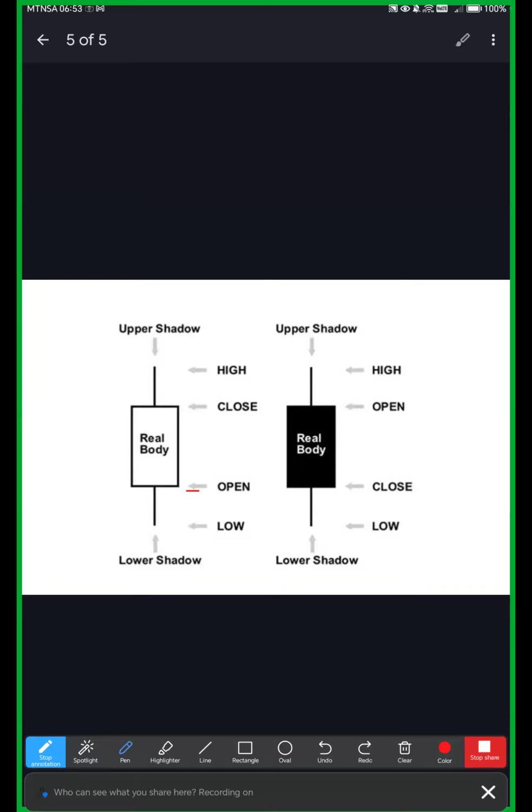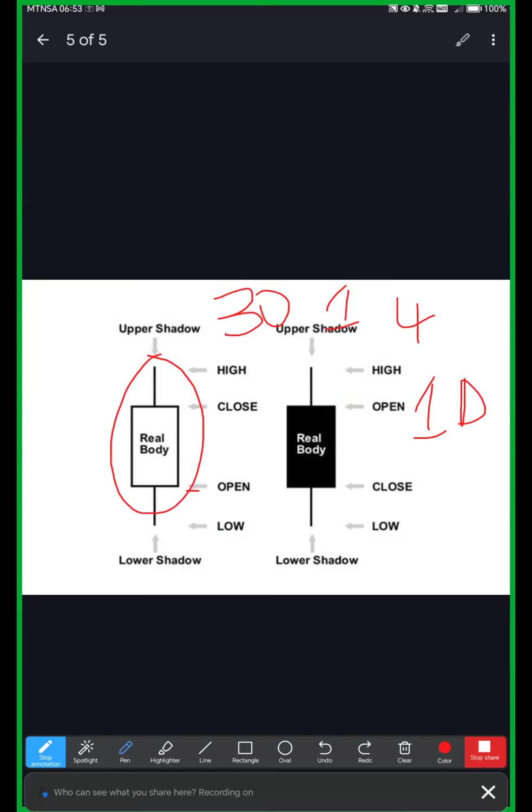Remember, when it comes to trading, traders trade in different sessions. It can be a 30 minutes session, a 1 hour session, a 4 hour session, or a 1 day session. Each and every session is represented by a candlestick.